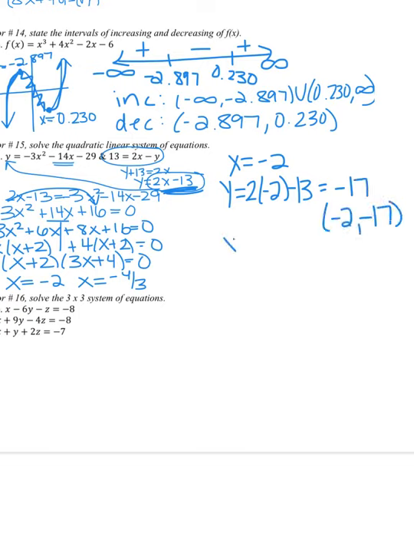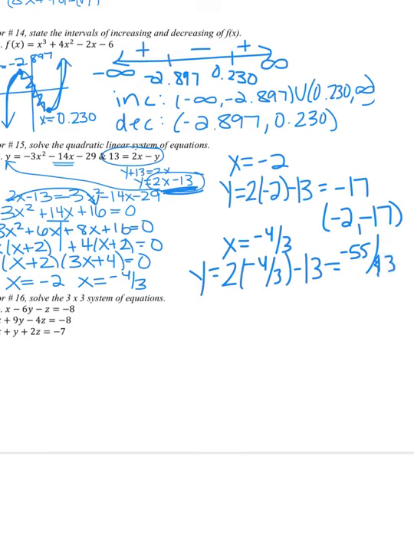The other one, if x is equal to negative 4 over 3, y is equal to 2 times negative 4 over 3 minus 13, which gives me negative 55 over 3, not 13 over 3. So then this coordinate is negative 4 thirds, comma, negative 55 thirds.